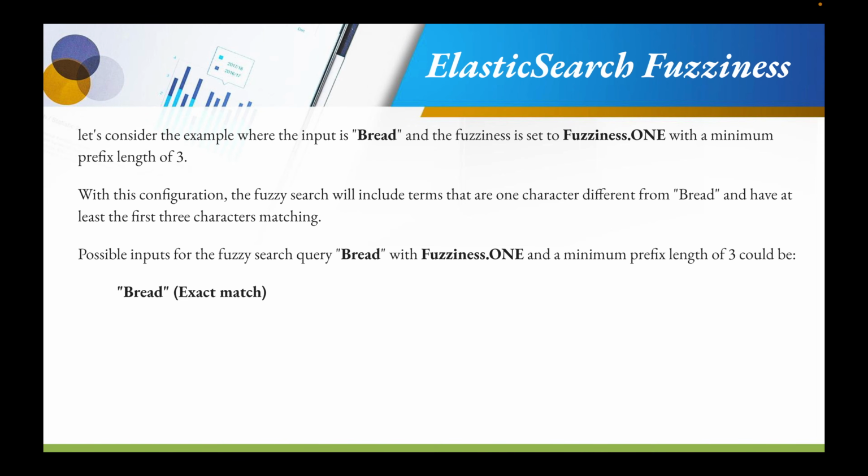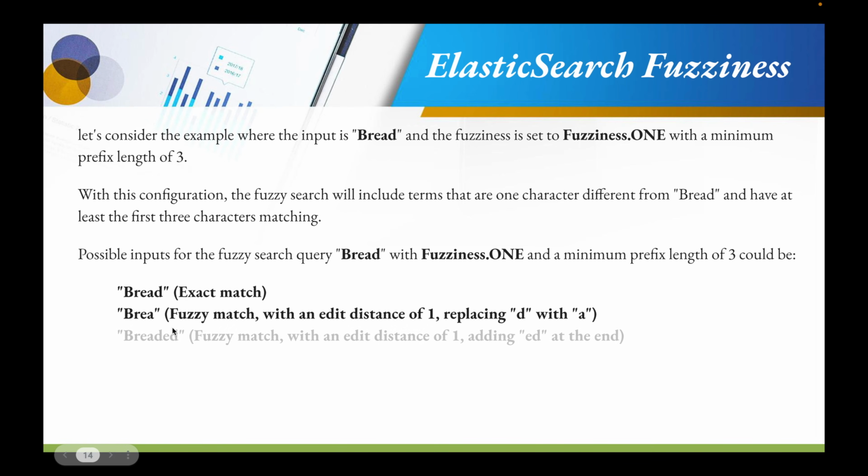We have bread, this is an exact match. Then BREA is a fuzzy match with an edit distance of 1, where we are replacing D with A here. Here we are matching 3; this makes sure that we match exactly 3 characters.